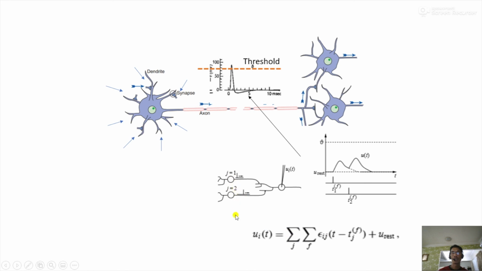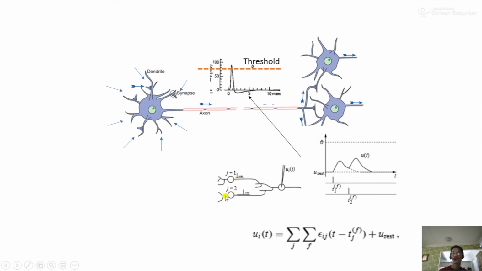J1, J2 until Jn will be summed. We total them together. If these two are summed together, it becomes a bit higher. The signal is a bit higher, and this is basically the function of the synapse.